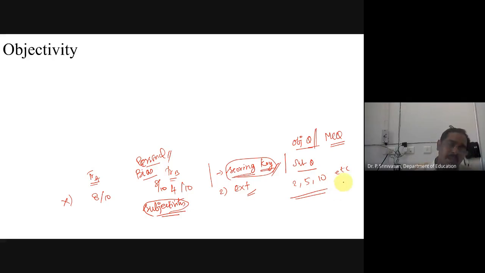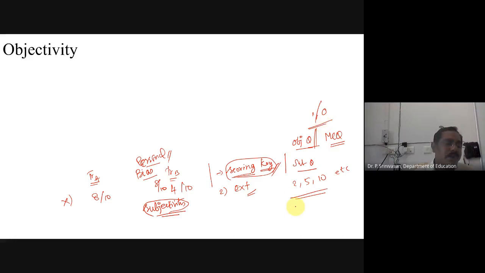I can put 8 marks, I can put 4 marks out of 10. In an MCQ, I cannot do anything. If it is correct, I have to put 1. If it is wrong, I have to put 0. Either one only I can do. I cannot put 0 for a right answer because I will be caught.